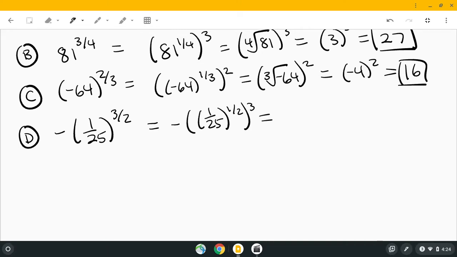Okay, so that's like saying the square root of 1 over 25 to the 3rd power. Okay, square root of 1 is 1. Square root of 25 is 5. And then we're going to raise that to the 3rd power. So we get negative 1 over 125.